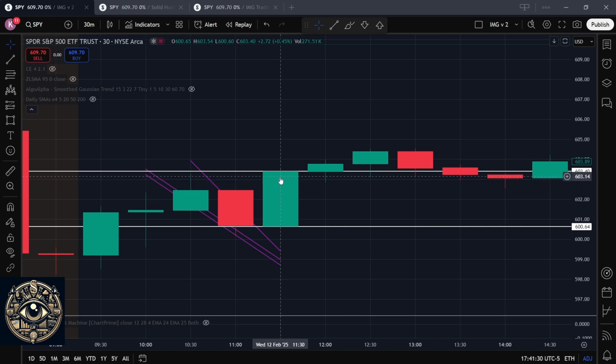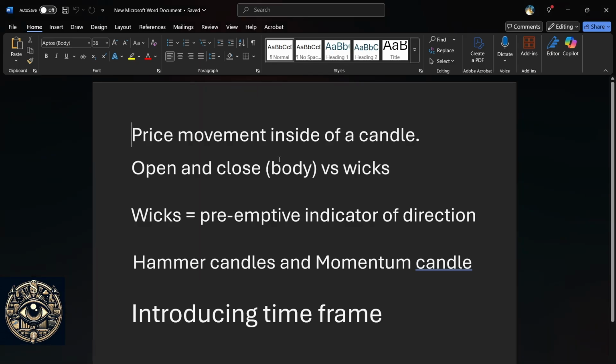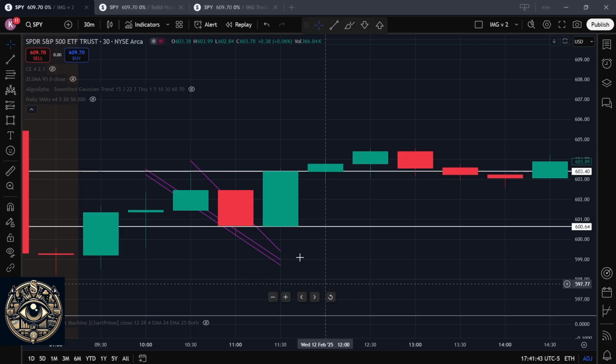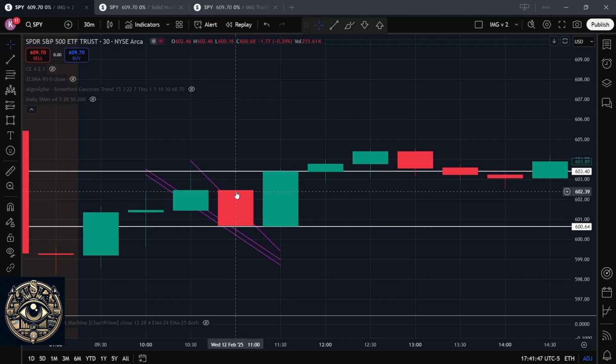This is called the candle body. Where it opens and closes is the candle body. The next thing we need to talk about are the candle wicks. What the wicks indicate, for example on this bearish candle, is that the candle opened here at the top because it's going down, since it's red.